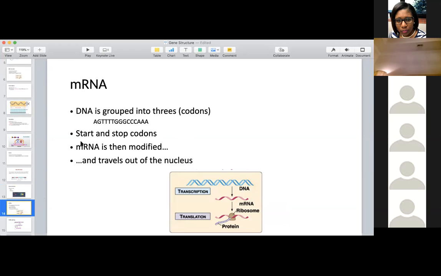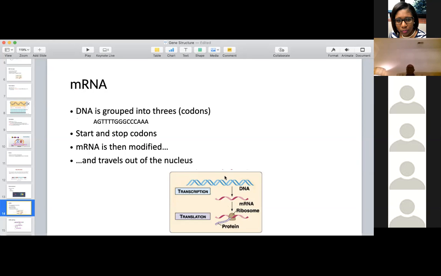So the start and stop codons dictate where a functioning protein product will be made, okay? The messenger RNA, again, once it's synthesized in the nucleus, is going to be translocated out of the nucleus into the cytoplasm.